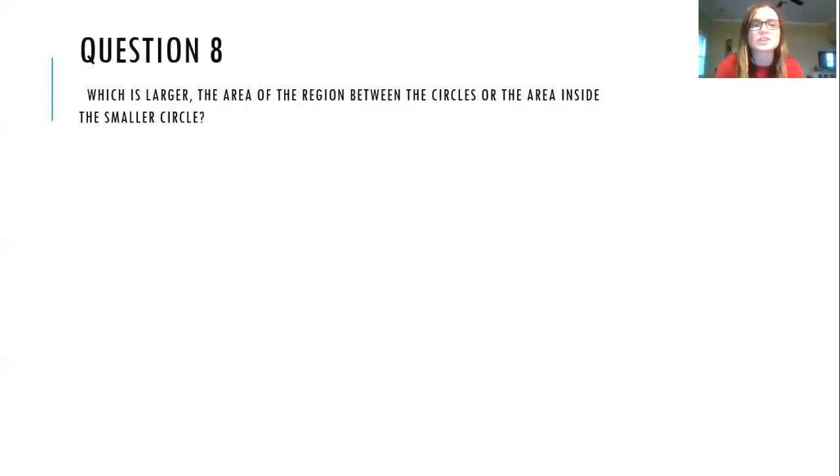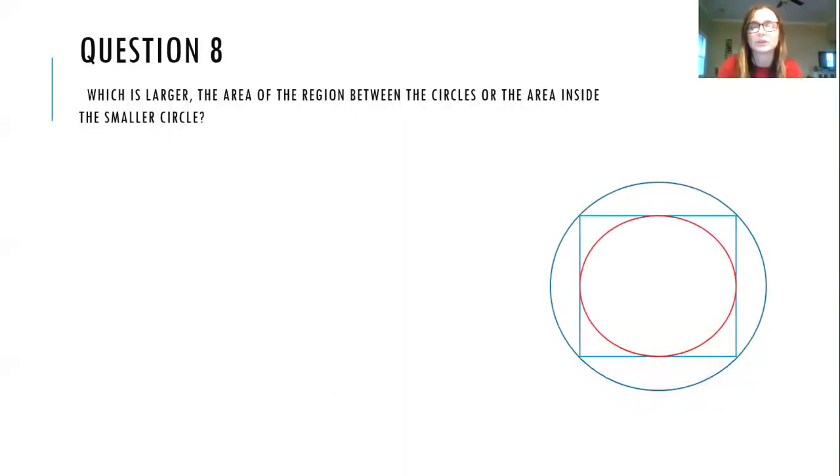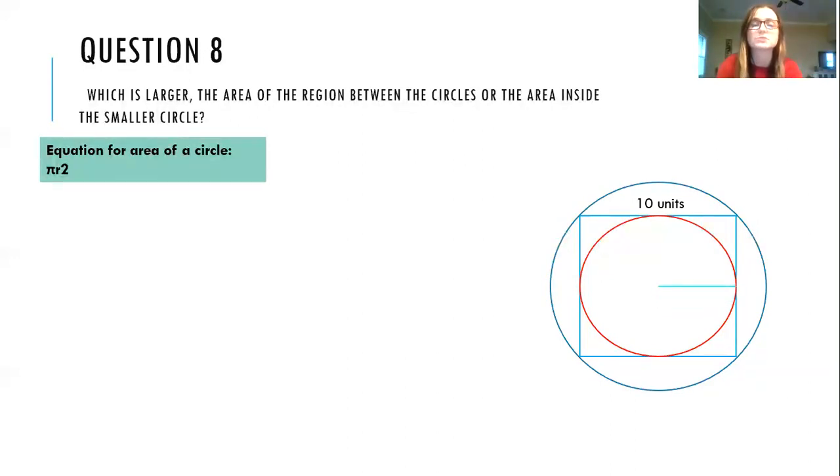So which is larger, the area of the region between the circles or the area inside of the smaller circle? Now let's look. So we have our figure right here. And since the side lengths of the square are 10 units, the diameter of the circle must also equal 10 units, which means our radius is 5 units because our radius is half of the diameter and 10 divided by 2 is 5.